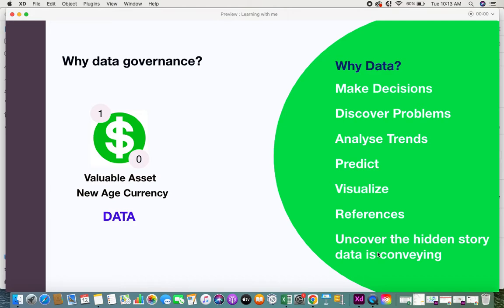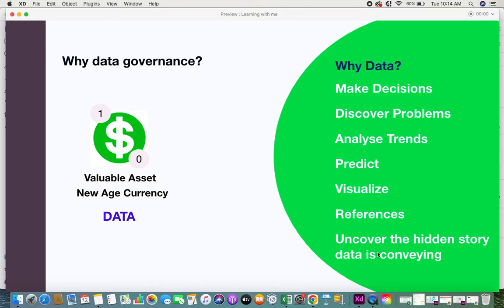So we have data scientists who take up these data sets and try to understand what type of story that particular data set is trying to give us. The more you're able to dig into that data set, the more insights you'll be able to uncover. So that's how valuable data is for every organization.